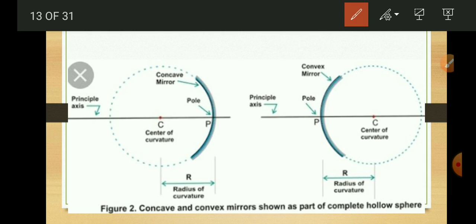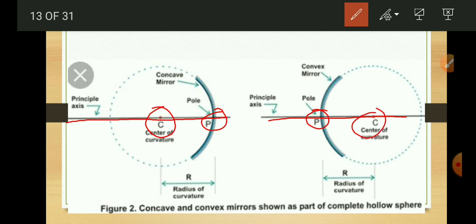Next term is principal axis. The imaginary straight line passing through the pole and center of curvature is called the principal axis. So this line is the principal axis. It is an imaginary line which passes through the pole and center of curvature.